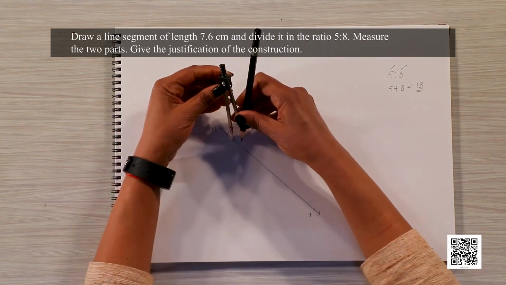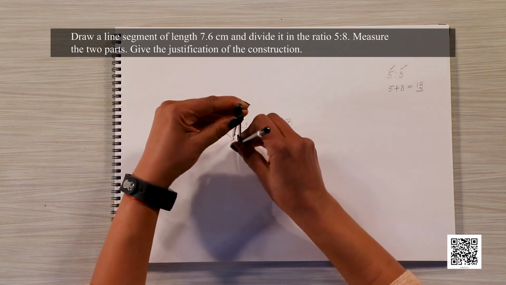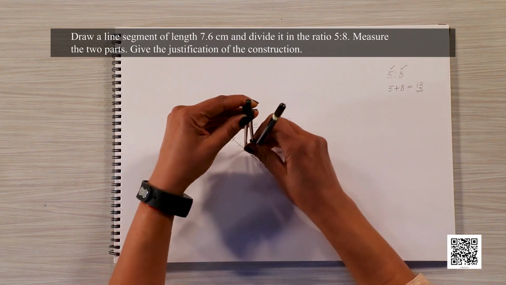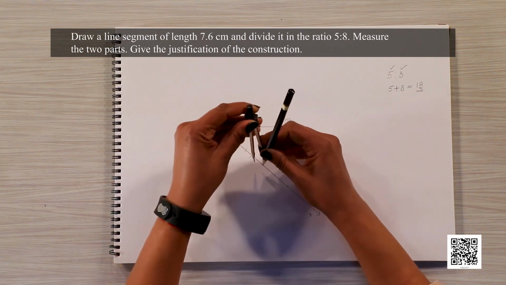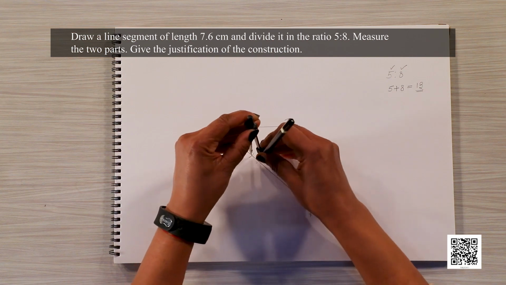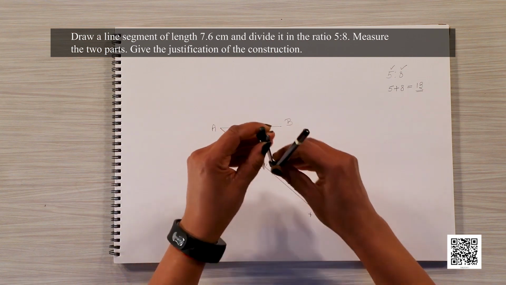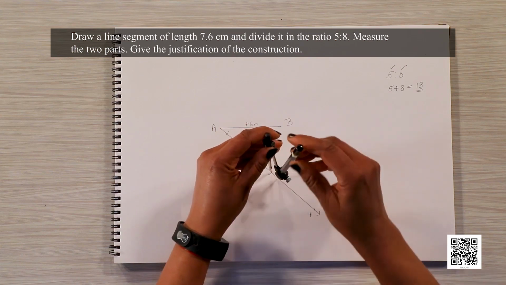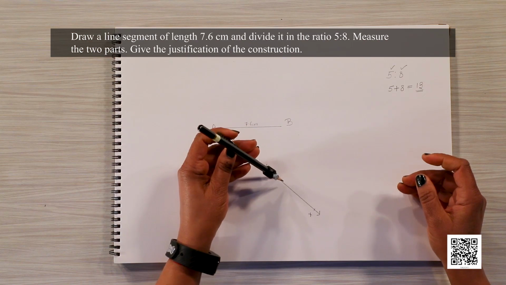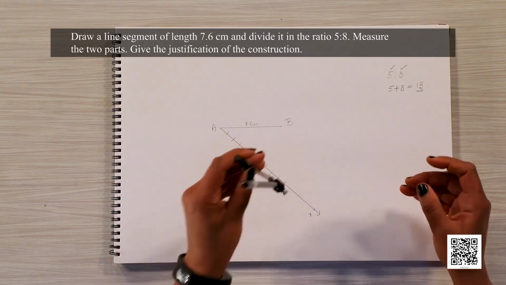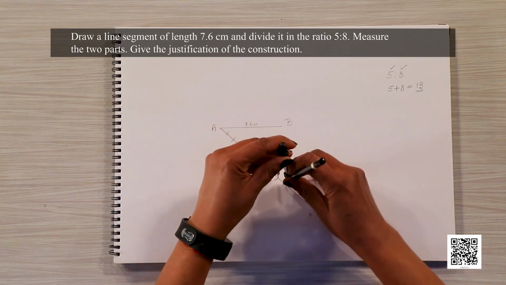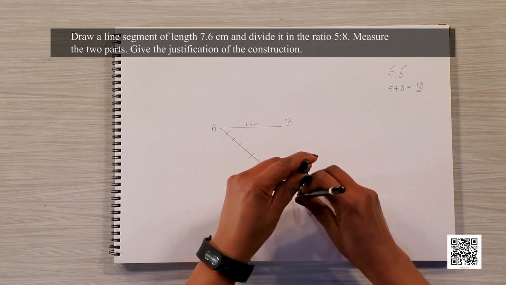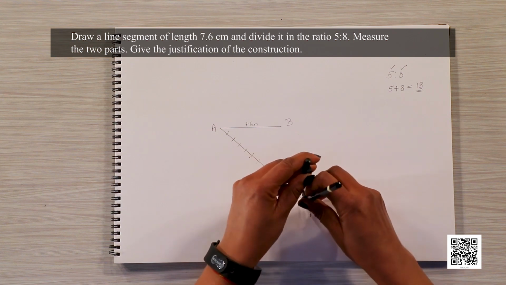Then similarly, we are going to mark 13 points: A3, A4, A5, A6, A7, A8, A9, A10, A11, A12 and the last point A13.